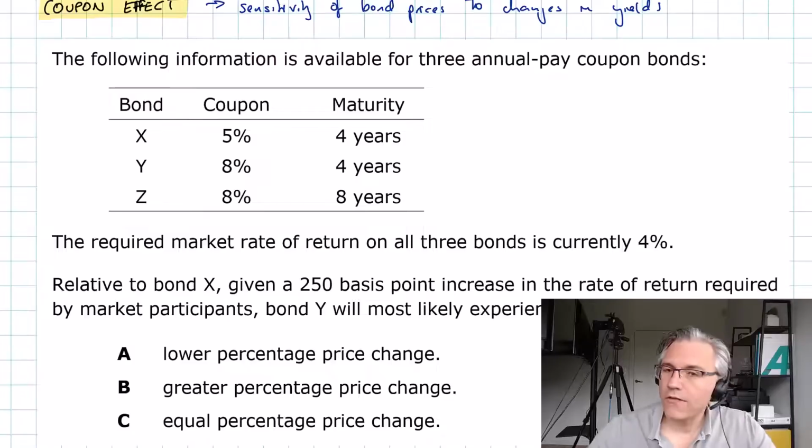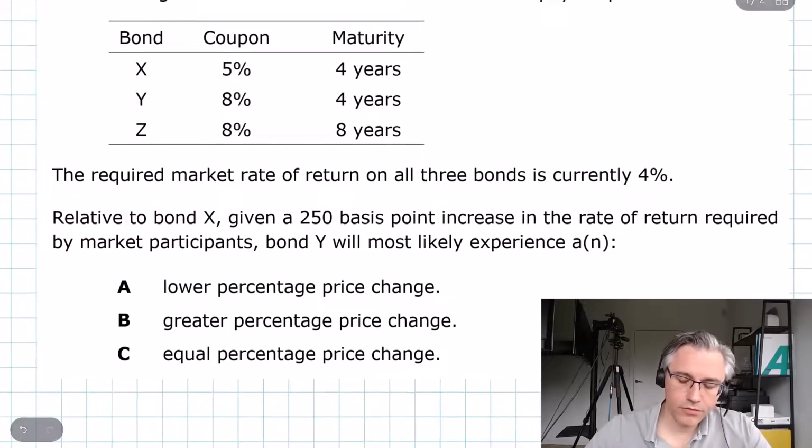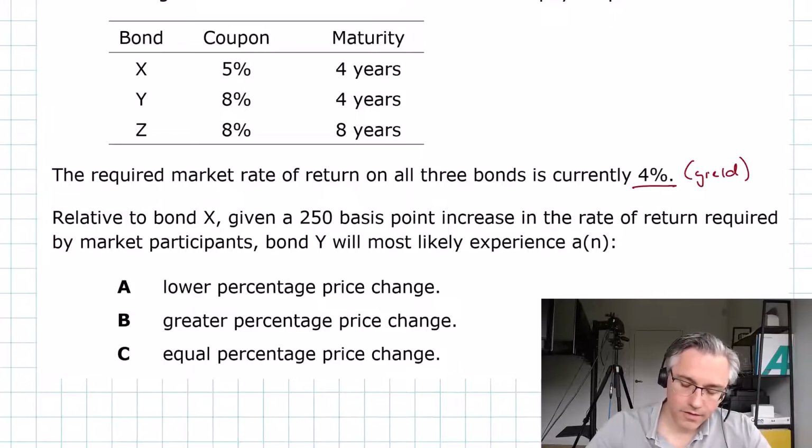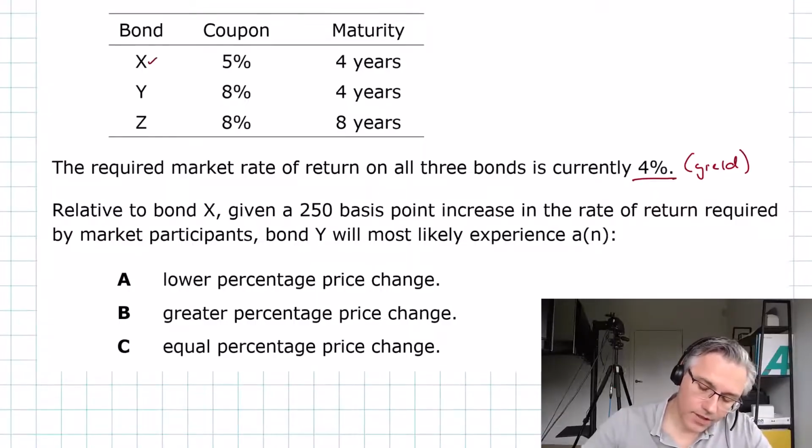Right, the following information is available for 3 annual pay coupon bonds, Bonds X, Y, Z with different coupons and different maturities, although in some cases there are similarities. The required market rate of return on all 3 bonds is currently 4%, so that's going to be our yield. Relative to bond X, given a 250 basis point increase in the rate of return required by market participants, bond Y will most likely experience a lower percentage change, a greater percentage change, or an equal percentage change.